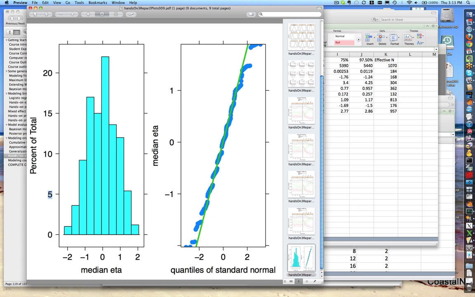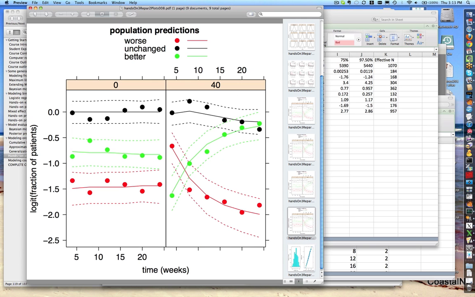Trying to think of other things I would particularly want to do. We've kind of covered the fraction of patients at each score level. They're looking so good that looking at the cumulatives isn't going to change the story on that. But you could imagine coming up with other test statistics for doing posterior predictive checks on it.